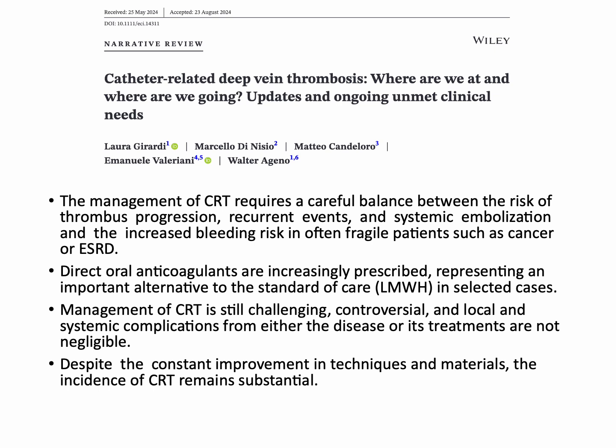So despite the constant improvement in techniques and materials to try and prevent catheter-associated thrombosis and the risks associated with this comorbidity, the incidence of catheter-associated thrombosis remains substantial and requires a lot more investigation.